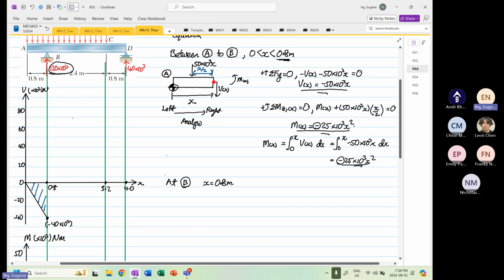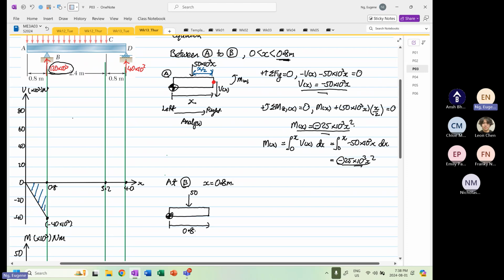So again, the datum is still the same, datum on the left-hand side. But now we fix our distance from here to here at 0.8. And when it's 0.8 over here, now you're going to get a constant.